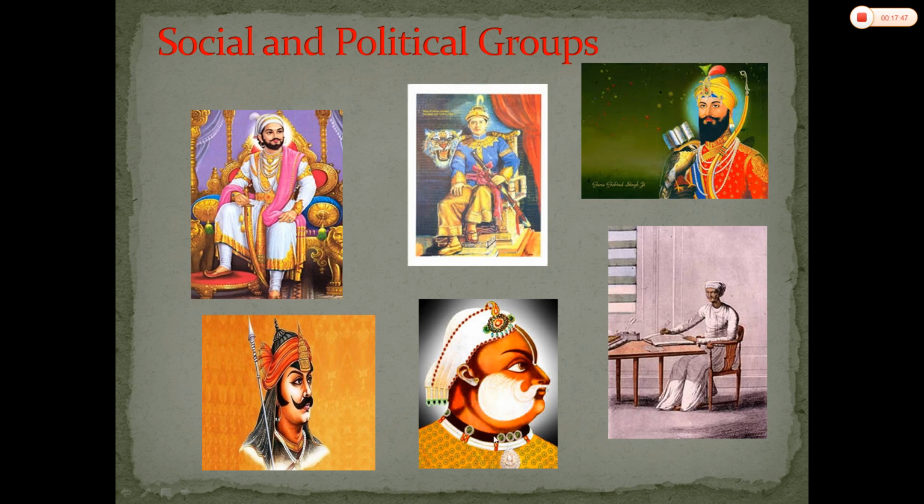You know very well that Rajput kings were also there. These Rajput kings also emerged in our country as a very powerful kingdom. And very importantly, the Jats. The Jat kings also emerged among the new social and political groups of our country.